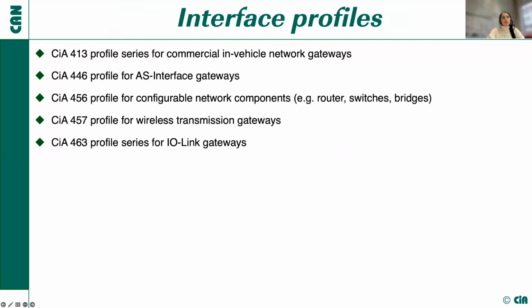You can also see the interface profiles. We have interface profiles for the commercial in-vehicle network gateways, for AS-Interface gateways, for configurable network components such as routers, switches, bridges, and also for wireless transmission gateways and for IO-Link gateways.